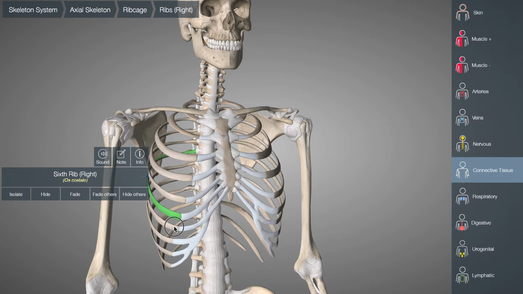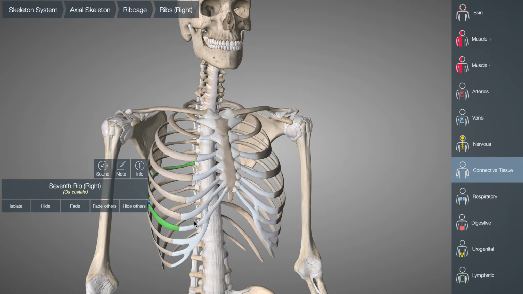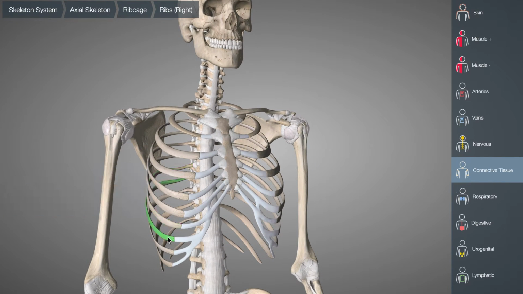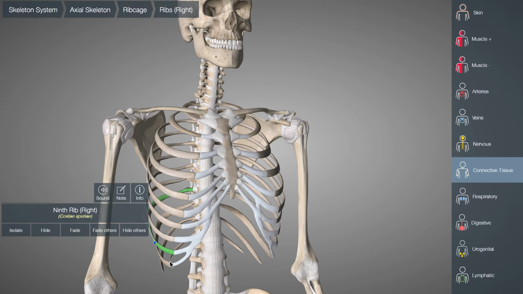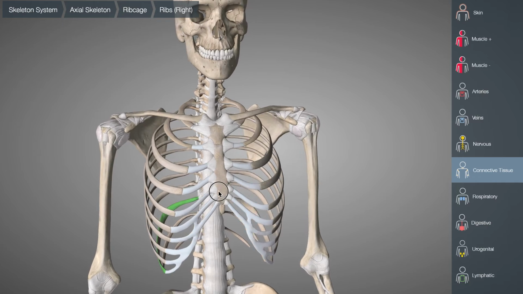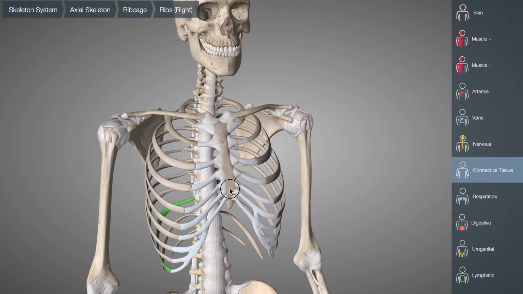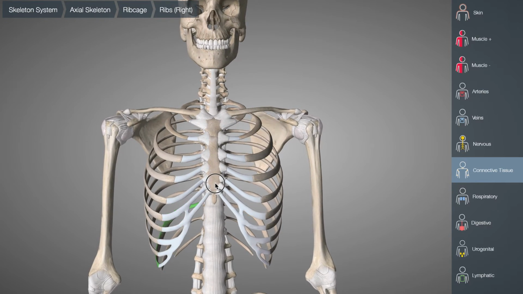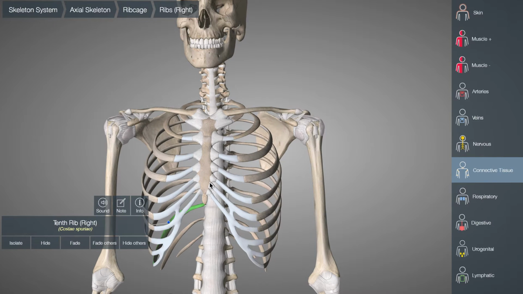We have 3 false ribs, because you need this connection right over here to get all the way up here. So it requires 2 connections to get up to the sternum. All right, so that's going to be your ribs.